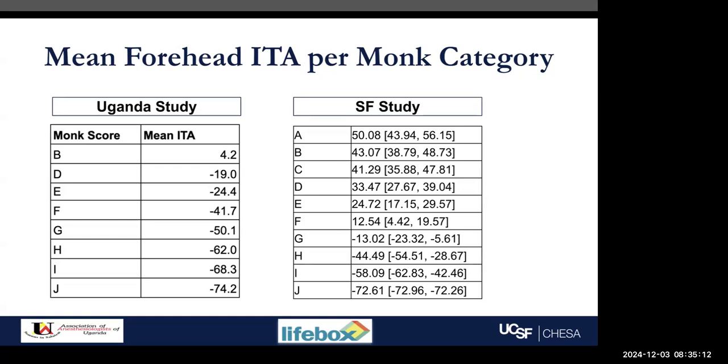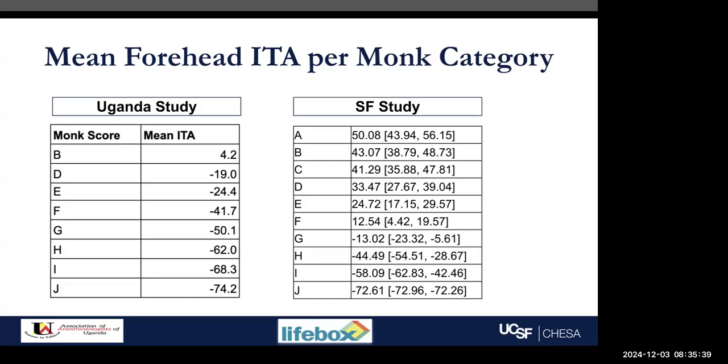When you look at D in the Uganda study, the mean ITA was -19, whereas in San Francisco we have 41. For E we have -24, and then the other is 33. So the ITAs in Uganda are darker than the ones in San Francisco when you compare per category of the Monk score.